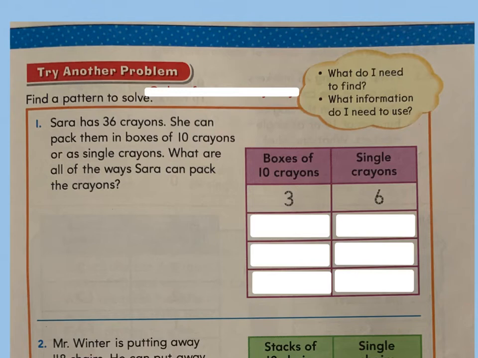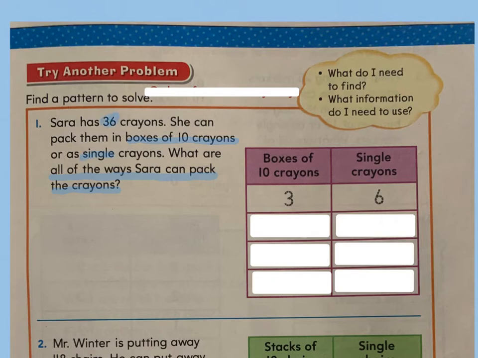So let's ask ourselves, what do we need to find? We need to find all the ways Sarah can pack the crayons. You can underline that or highlight it with a crayon. And what information did they give us that we can use? That she can pack in boxes of 10 or as single crayons.